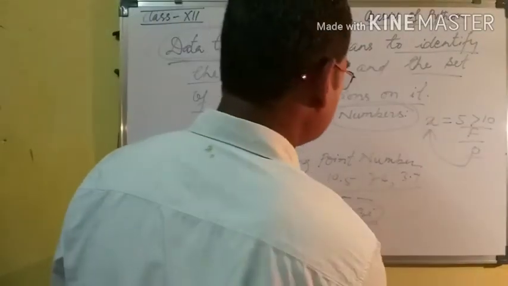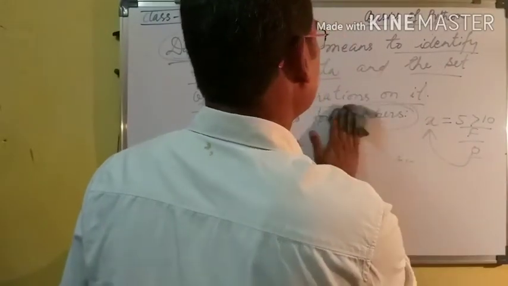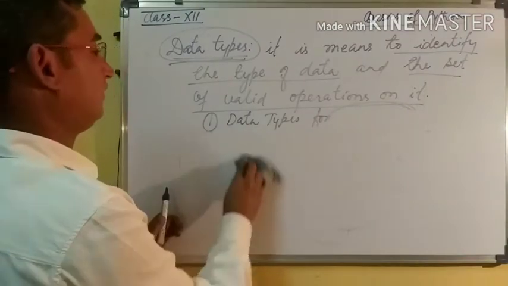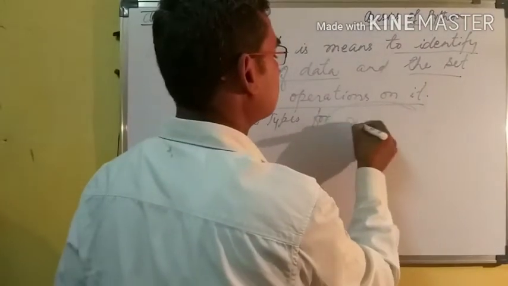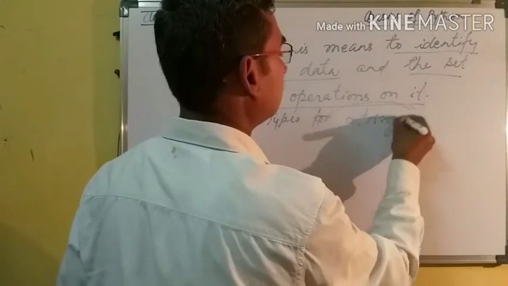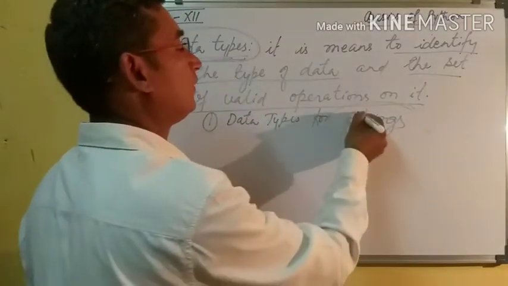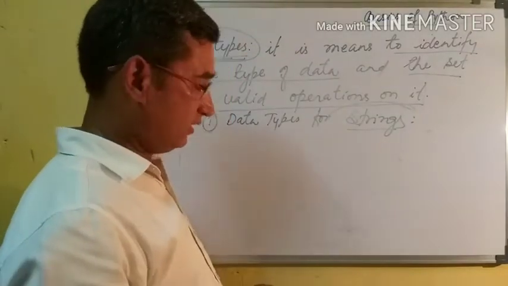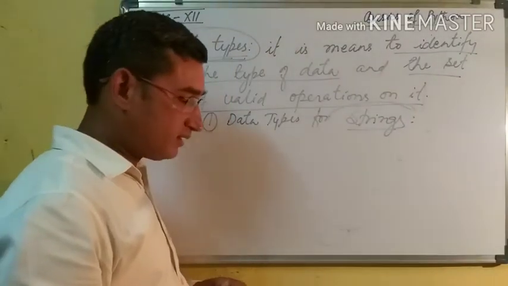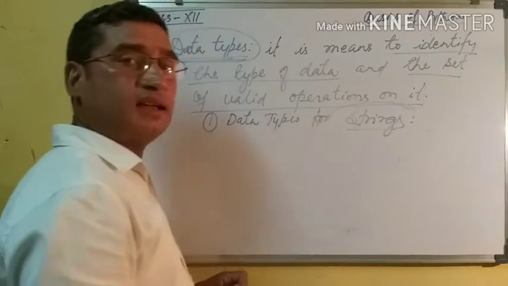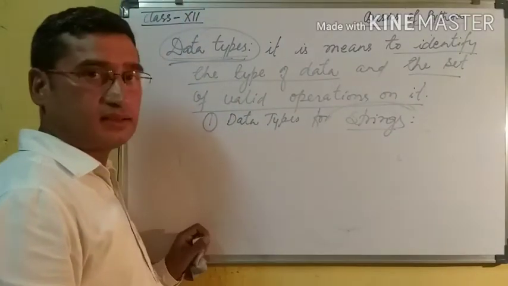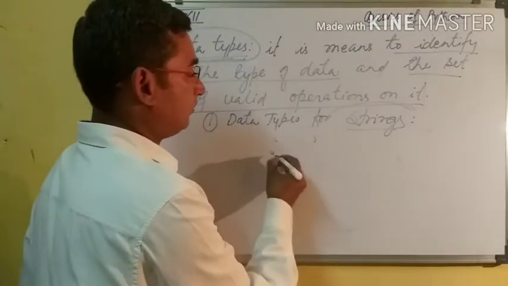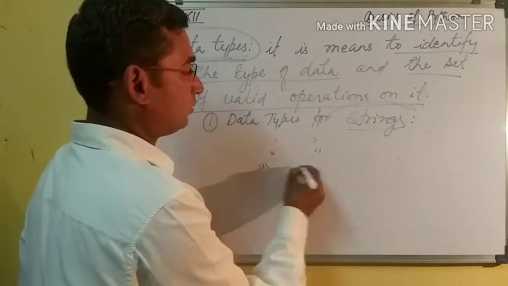Second one is data types for strings. Strings are basically a sequence of Unicode characters enclosed within single quote, double quote, or triple quote.